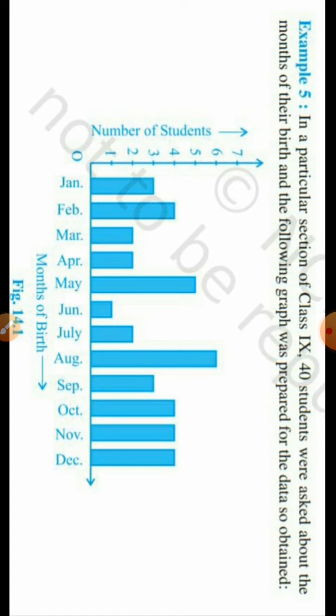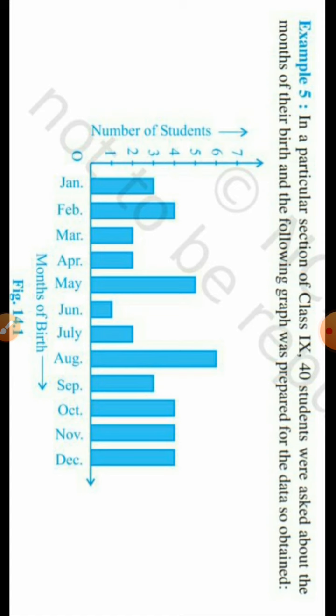In a particular section of class 9, 40 students were asked about the month of their birth, and the following graph was prepared for the data so obtained. Now look at the graph. We are interested in August only. How many students in August? 6 students. You just look at the height of the bar. That is a bar diagram or bar graph.